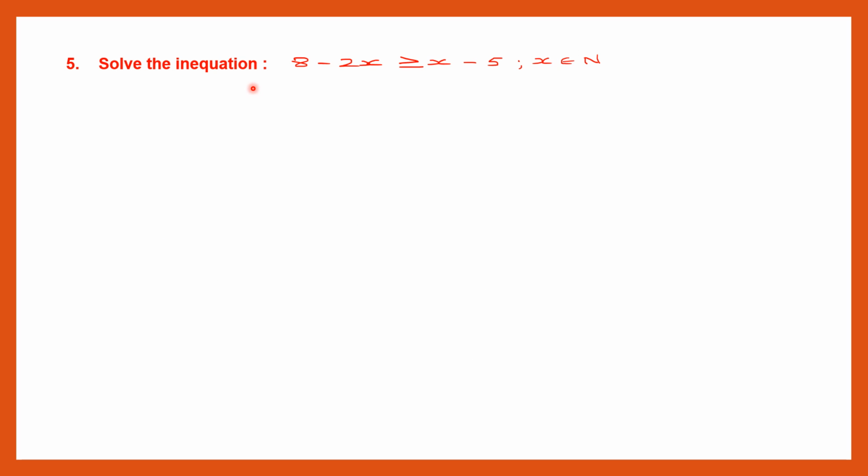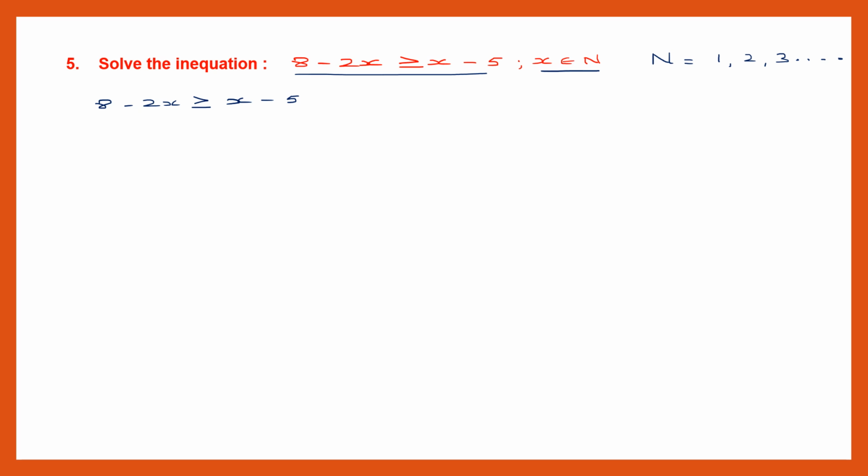Question 5. Solve the inequality: 8 minus 2x is greater than or equal to x minus 5, and x belongs to natural numbers. Natural numbers are all numbers that start from 1: 1, 2, 3 and so on. Now let's solve this part. 8 minus 2x is greater than or equal to x minus 5.